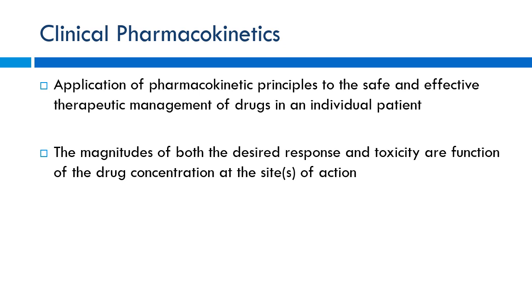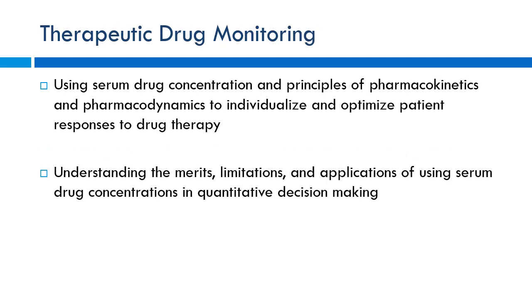Using this information, we can apply these pharmacokinetic principles to determine what's the right amount this patient needs to get, and how often, to make sure we get the right amount of drug at the receptors to do its thing without causing toxicity. The thing about therapeutic drug monitoring is we're applying this to single patients. We use things like population kinetics. Like those charts you looked at for volume of distribution, every drug had a volume of distribution in liters per kilogram.